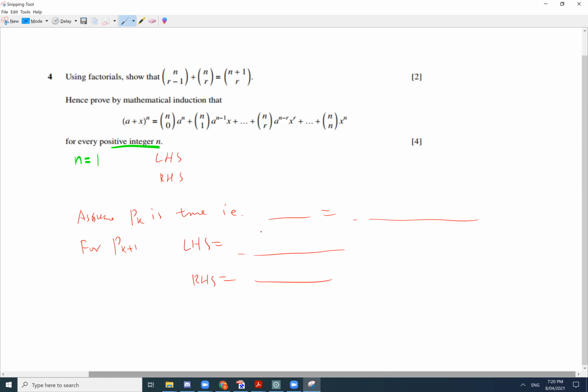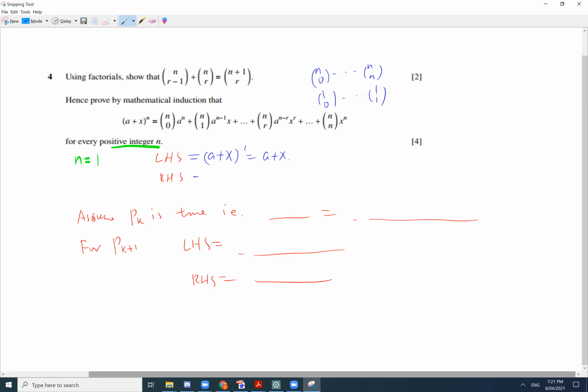When n is 1, we just get a plus x. Left-hand side, a plus x to the power 1, a plus x. Right-hand side is nC0 up to nCn. N equals 1, which means 1C0 up to 1C1.